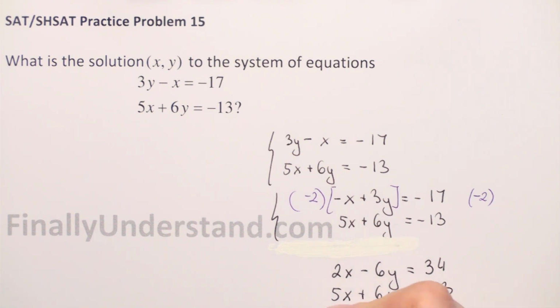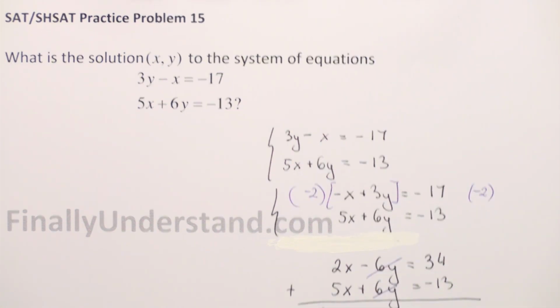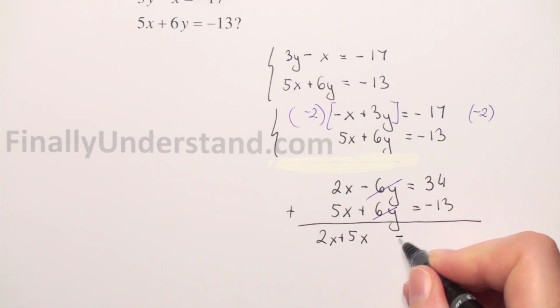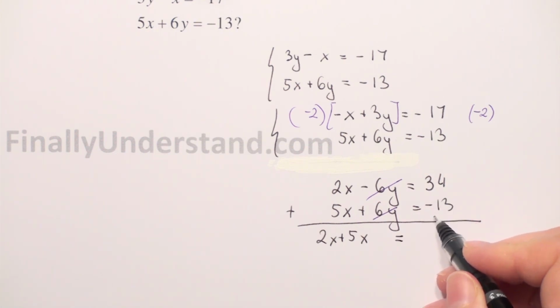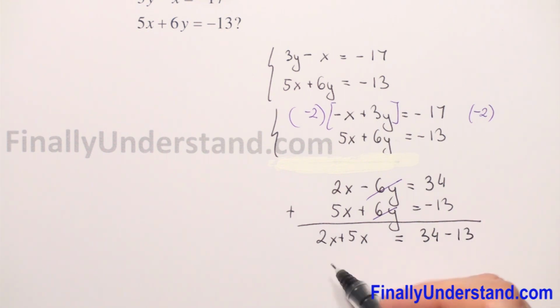And we see when we add both sides, we will have 2x plus 5x, and we have negative 6y and positive 6y, so we can reduce. This is equal to 34 minus 13. So 2x plus 5x is 7x.